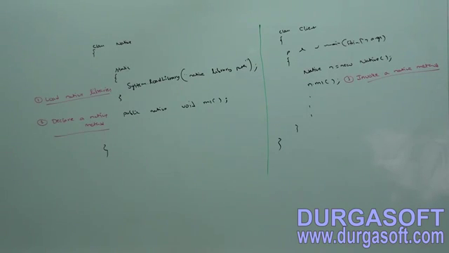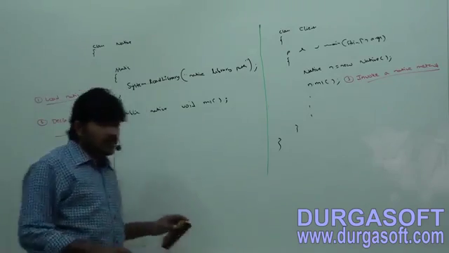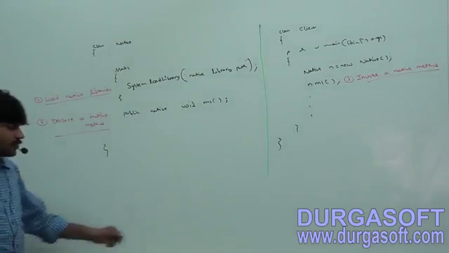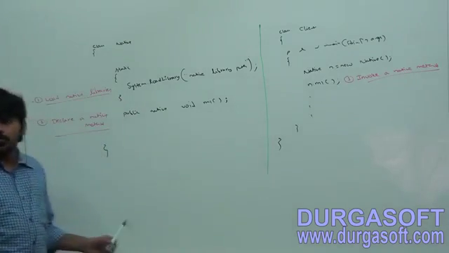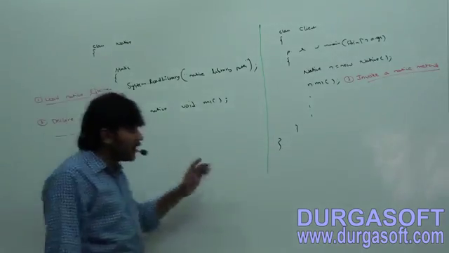Completed, right? So the first one, load the native libraries. Second one, declare a native method. Third one, invoke a native method. That's all. These are the 3 steps you people should be aware of.